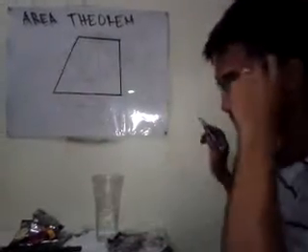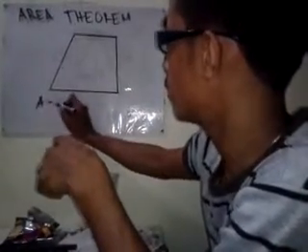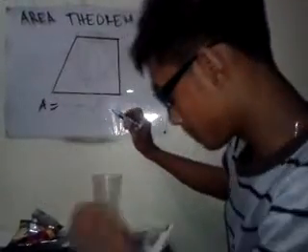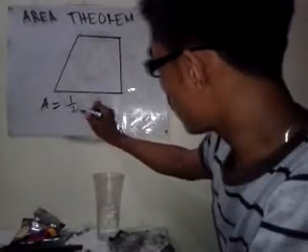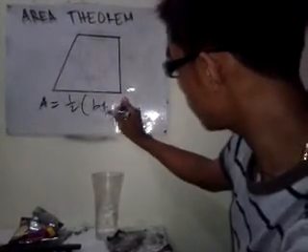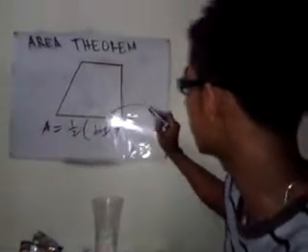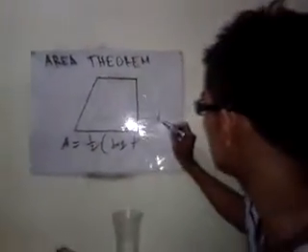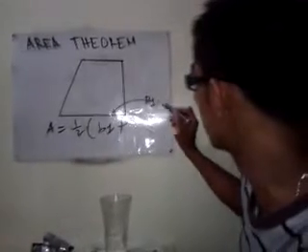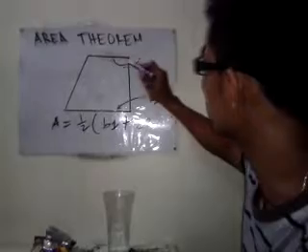Okay, how to solve the area of a trapezoid. We have a formula saying 1/2 times B1 plus B2, times height. This is the B1, or base 1 rather. B2 will be this one.